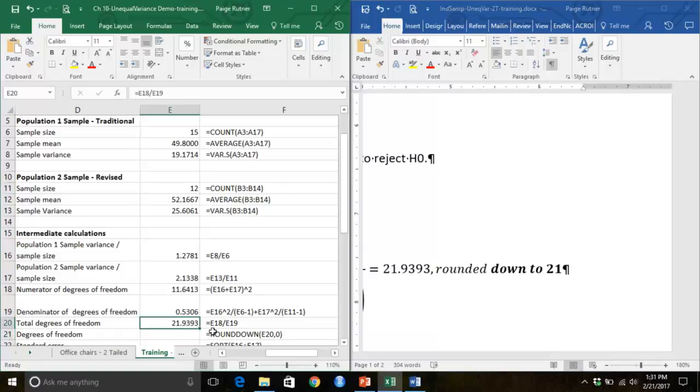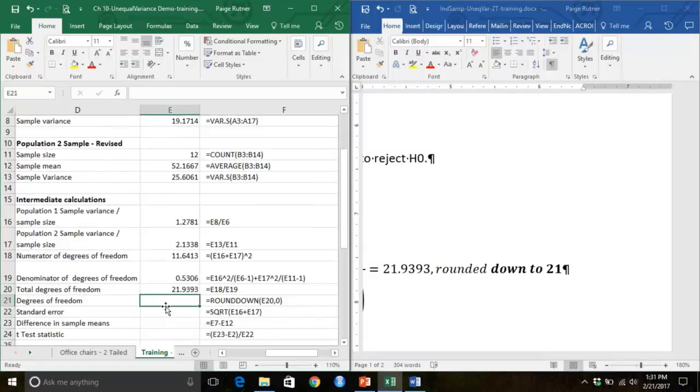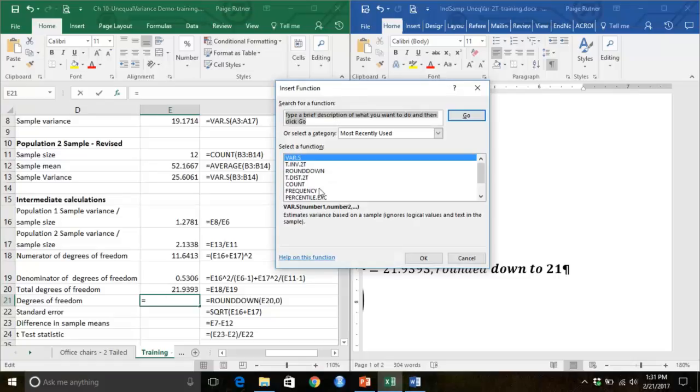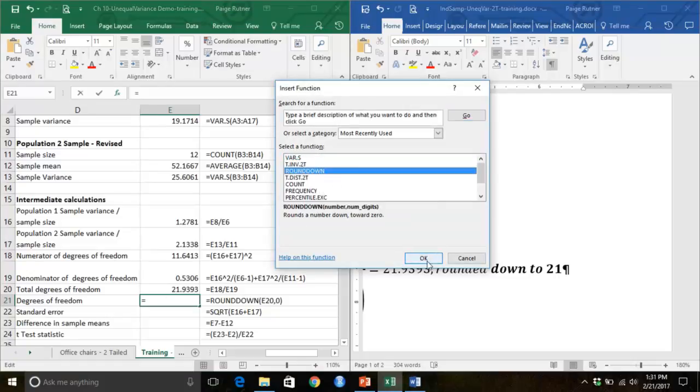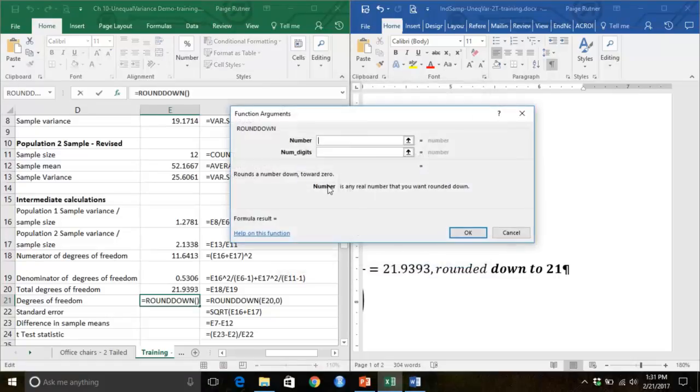All right, now there's a couple ways I could round this down. There's an int function I think we've looked at. The one I'm using in this example is the round down function. You know, of course, one of the nice things about Excel is that it gives us multiple ways to accomplish whatever we want to accomplish. So here we're going to use round down. The arguments I need to give to this function are the number that I want to round.